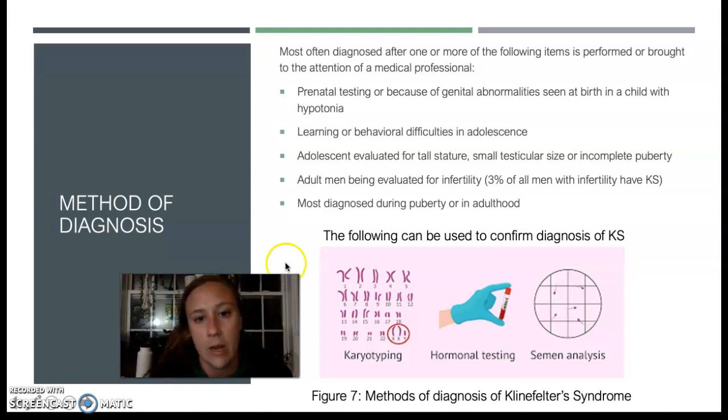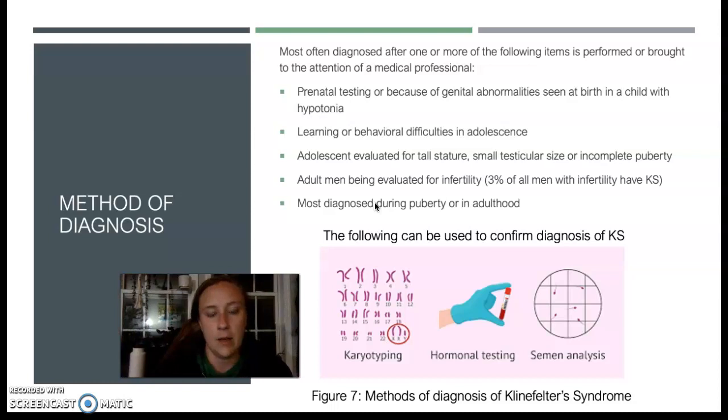Also, if an adolescent presents with tall stature, small testicular size, or they have not been able to complete puberty, that's another sign that they will look for before they run their tests.